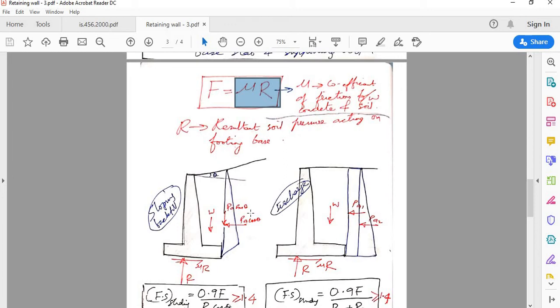When you try to slide anything, what is opposing the motion is the force developed between contact surfaces, which is nothing but coefficient of friction into the reaction.